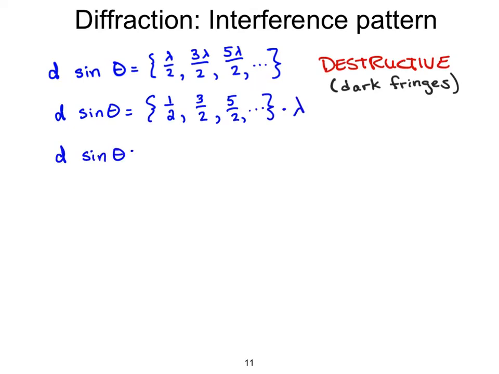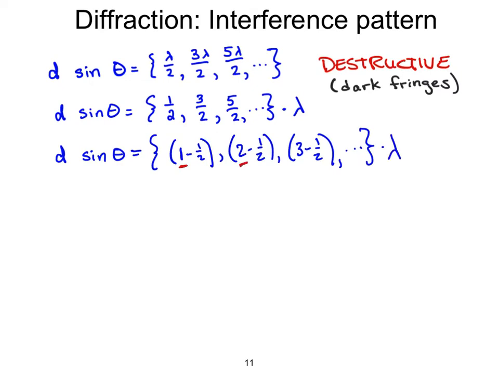This can just be written then as d sine theta equals 1 minus a half, or 2 minus a half, or 3 minus a half, and so on and so forth, times lambda. So that number, the 1, the 2, or the 3, is where I'm getting m in the formula. And that leaves us with d sine theta equals m minus a half times lambda.